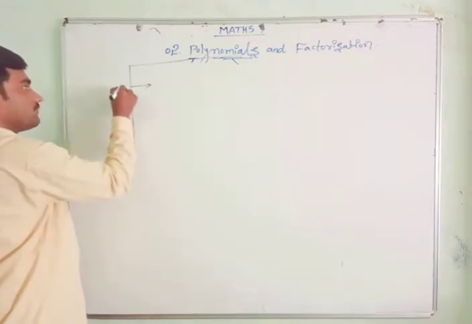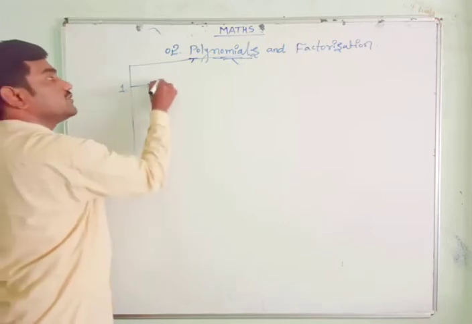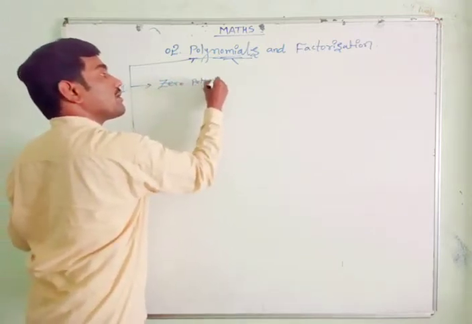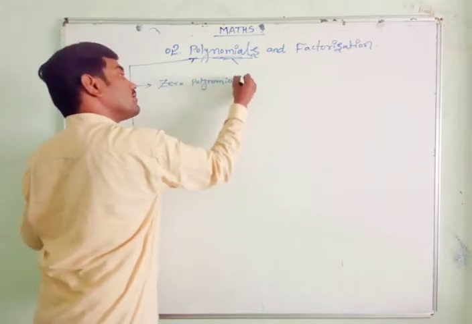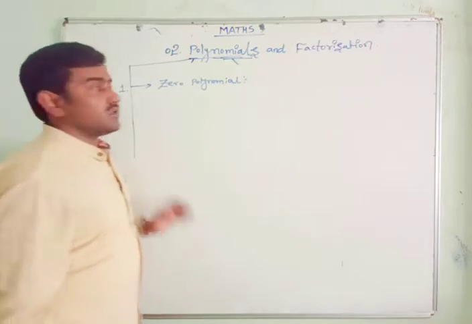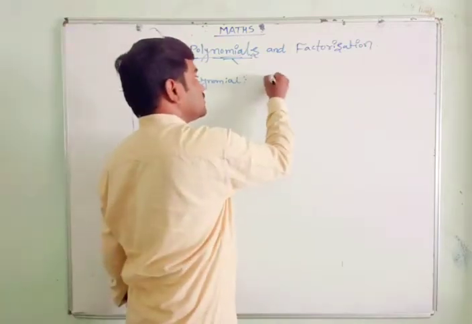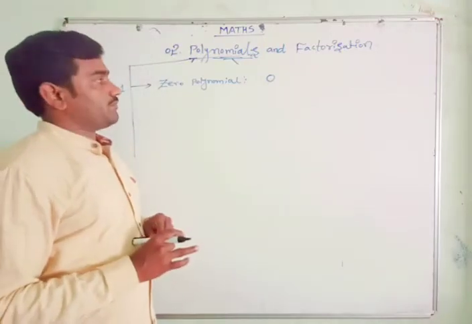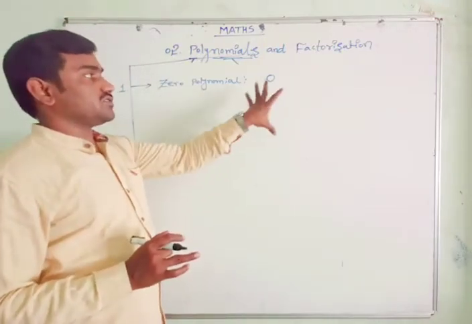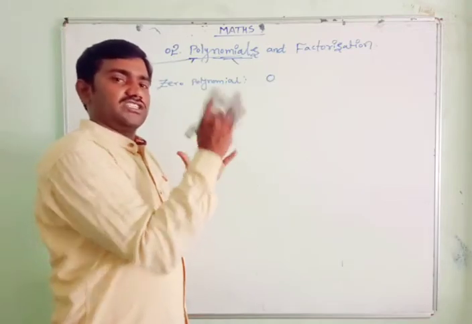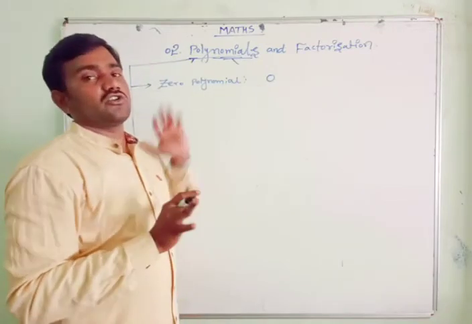The first one, zero polynomial. What is a zero polynomial? If an algebraic expression contains only zero, it is known as a zero polynomial.